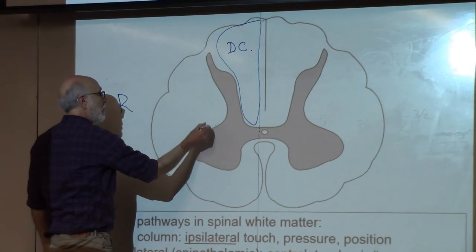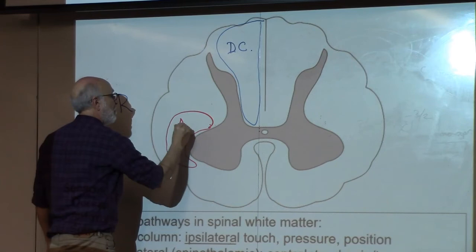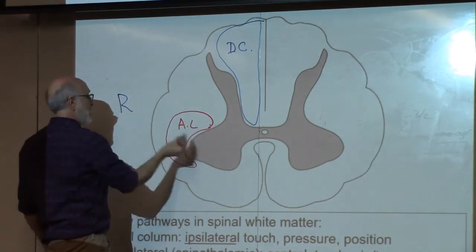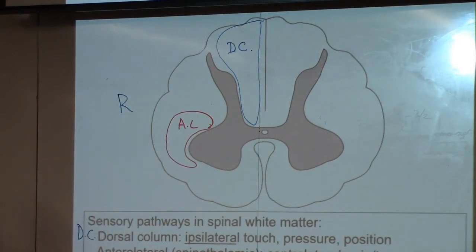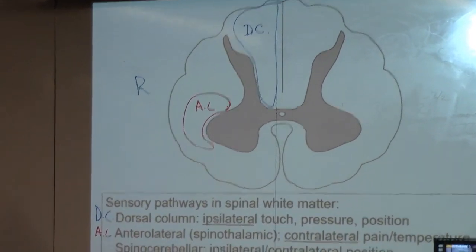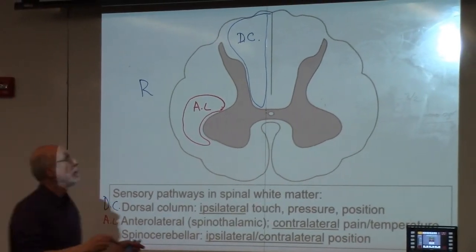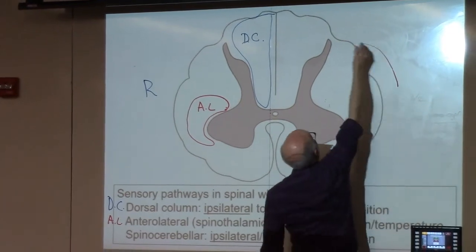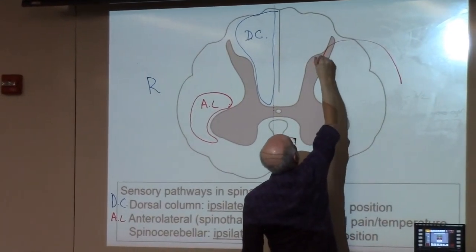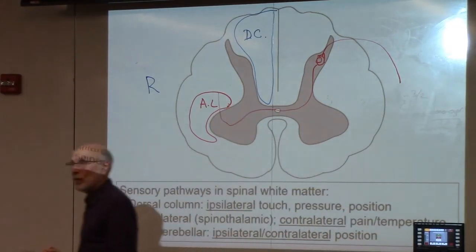The anterolateral column, this is the right anterolateral column, also called the spinothalamic tract, carries contralateral pain and temperature information because there was the crossover of the neuron that went up the anterolateral column.